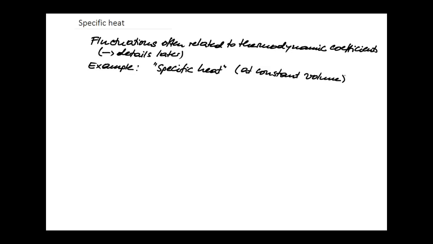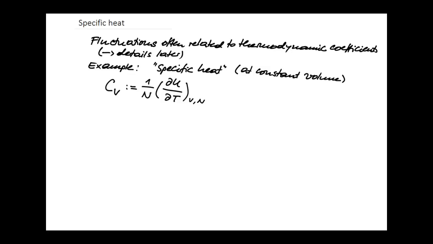It's defined in the following way: the derivative of the internal energy of the system with respect to temperature, the partial derivative at fixed volume, fixed particle number, and you also divide by the particle number or number of constituents.